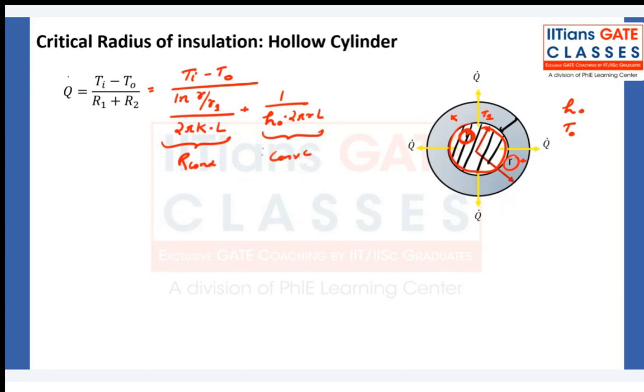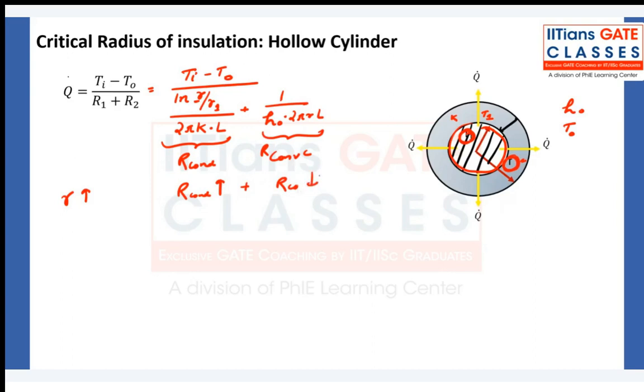Now when you are increasing this outer radius R, you see this is increasing, so R conduction is increasing, and R convection is decreasing.